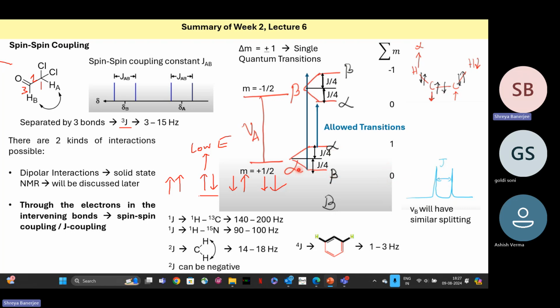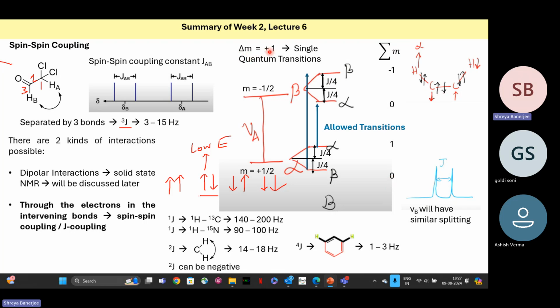The next energy state is alpha alpha. You add half plus half and get a net M of 1. Similarly, for beta alpha, net M is again 0, and for beta beta, net M is minus 1. These are the values of M that we will consider when we use the rule delta M is plus or minus 1.